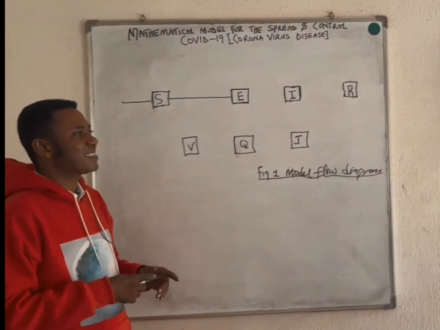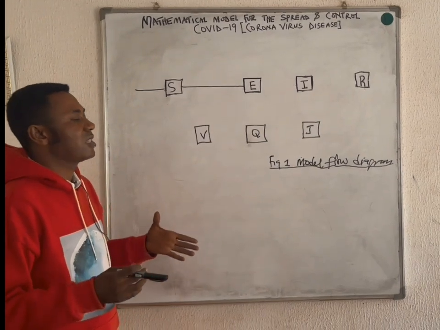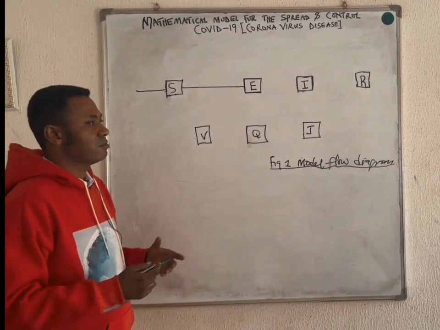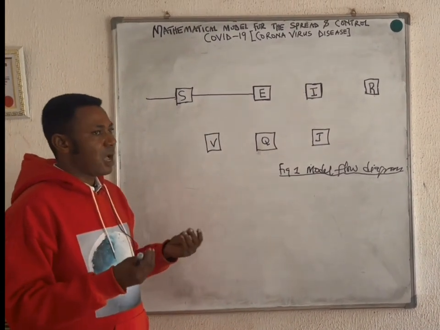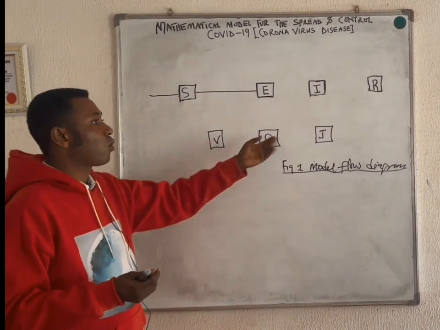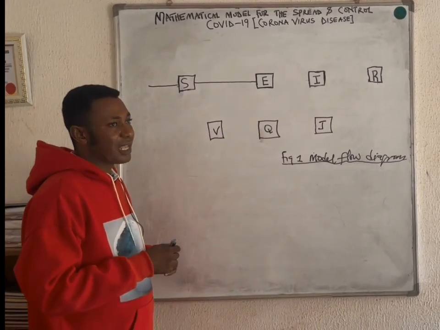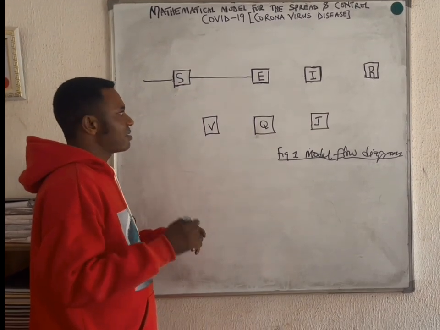And that is why it's advisable that we maintain social distance. That is, when someone that is infected with COVID-19 coughs, sneezes, or even talks, they release droplets that could cause the COVID-19. And now we want to formulate the model. Follow me now and see what mathematics can do.